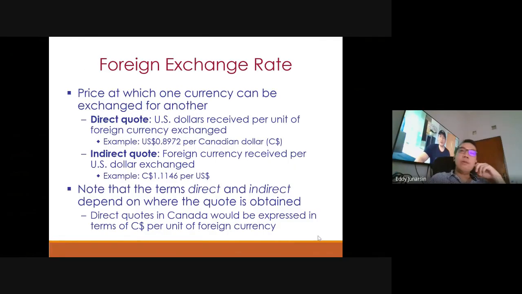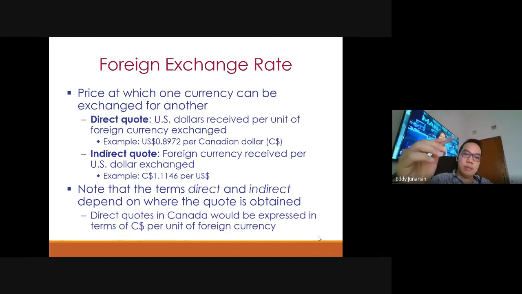Okay, so foreign exchange rate. There are a lot of practices, dynamics, and customs in the world of foreign exchange. We study this a lot in multinational finance or international finance or some courses like that.